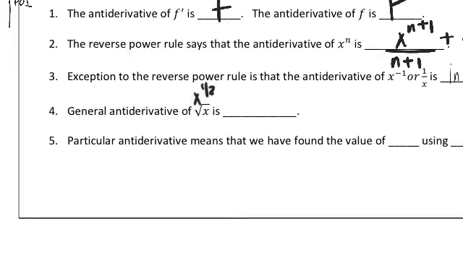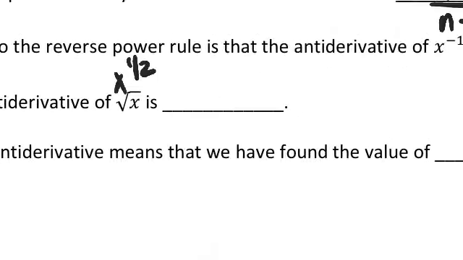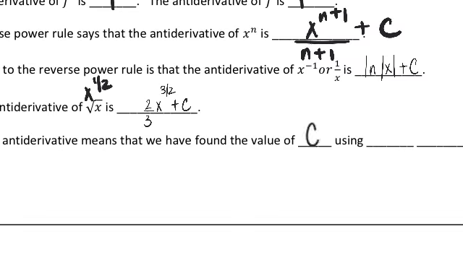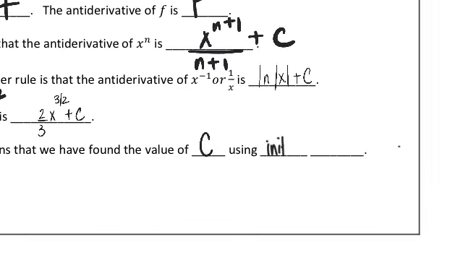General antiderivative of x to the 1/2 or rad x is going to be 2/3 x to the 3/2 plus c. And a particular antiderivative just means that we have found the value of c by using initial conditions or boundary conditions.